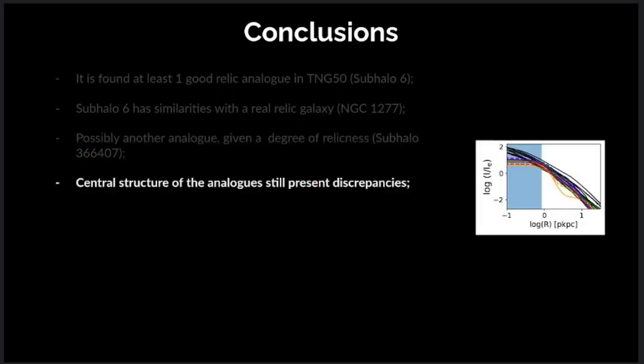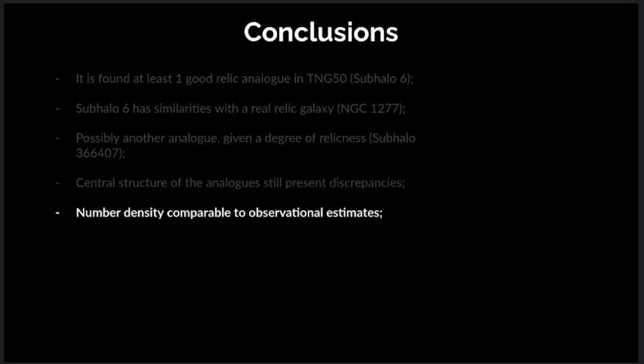The central structure of the analogs in the simulation is not the same as real galaxies. It's less dense than it should be. And the number density that we find in the simulation is comparable to observational estimates, but it's a little bit overestimated. But further work needs to take into account the completeness of the observational sample.